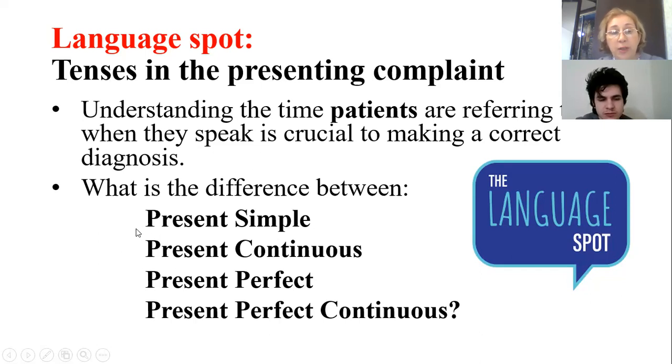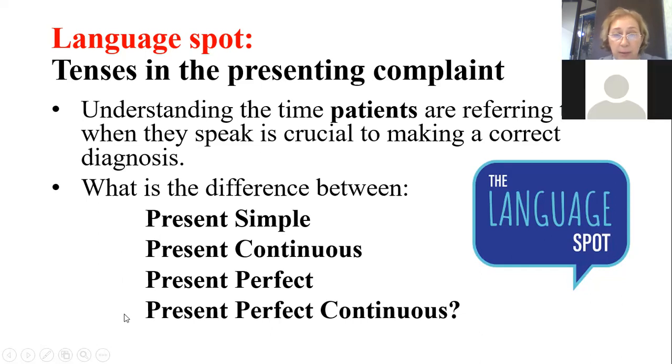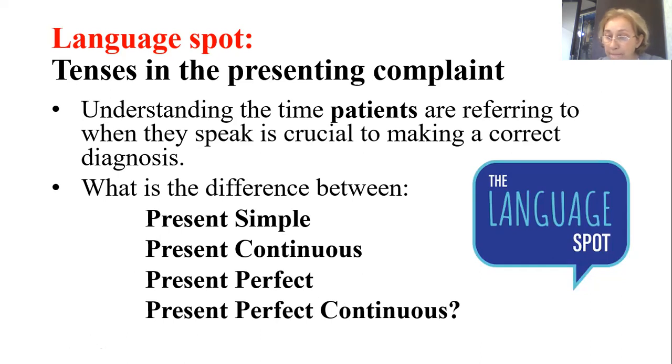And the question, what is the difference between these tenses? So who knows about what kind of action can we express with the help of present simple? The present simple tense? Dilara, what do you know about the present simple? Dilara, hello, where are you?